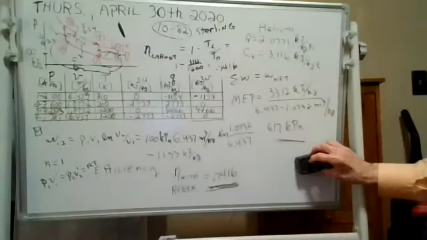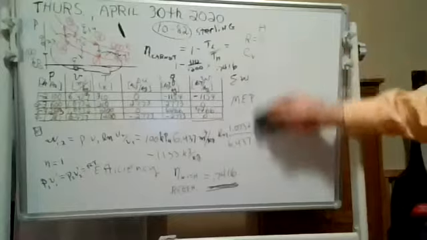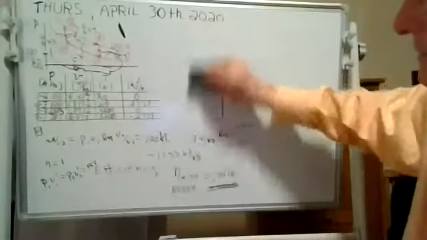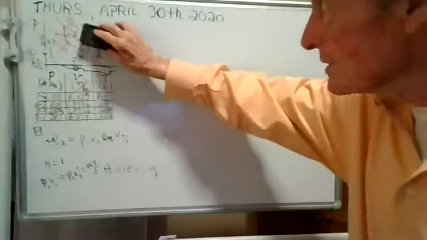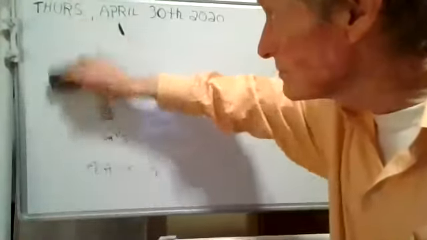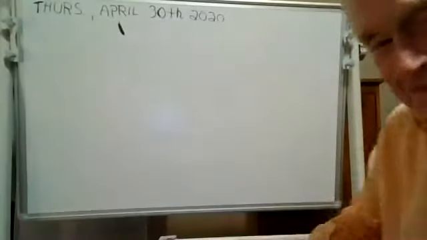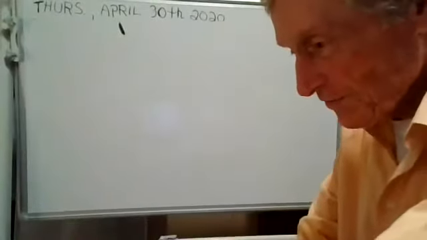I hope you understood all that. Yes, sir. We're going to get rid of it, and we're going to talk about a Carnot cycle now. We did one of these a long time ago.